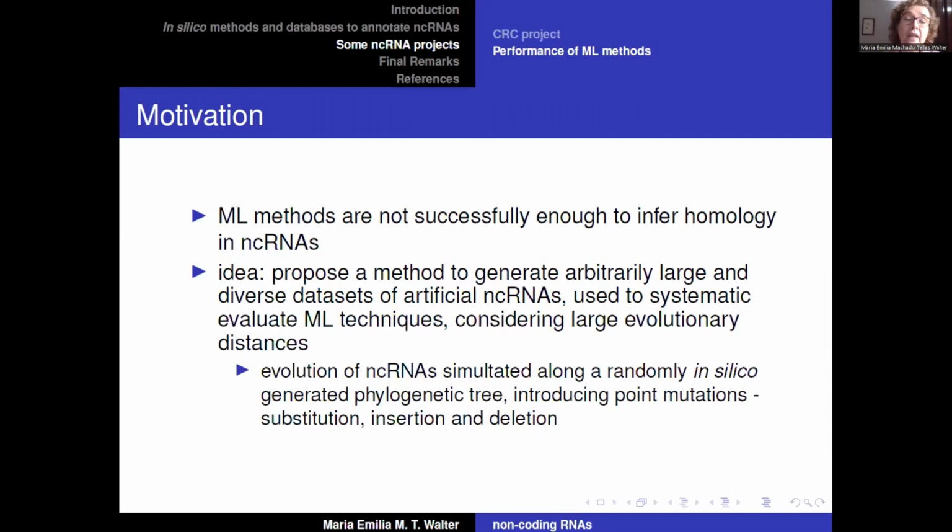The evolution of these non-coding RNAs was simulated along a randomly in silico generated phylogenetic tree, so we have control of what's going on, and we worked with point mutations, substitution, insertion, and deletion.